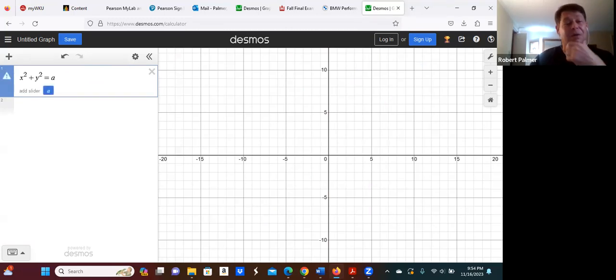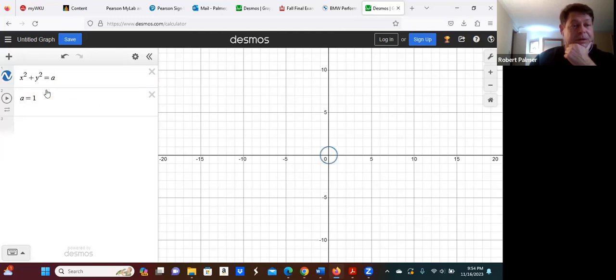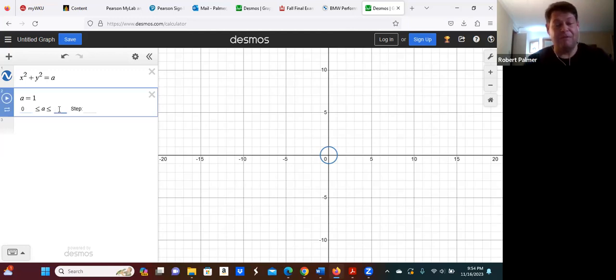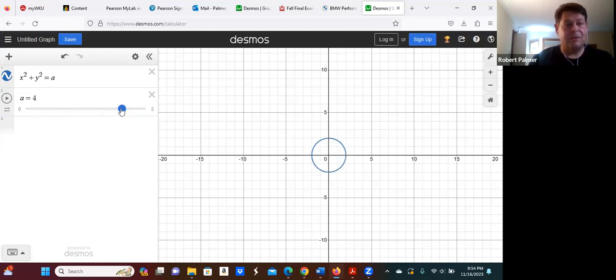So actually, if I replace it with a slider, and let's make the slider go from 0 to 5, for example, I can see that as this value increases, as this number on this side increases, the circle gets larger in radius. And if I go down to 0, it shrinks down to a single point right here. So basically, if you make your circle diameter go to 0, it shrinks down to a single point.